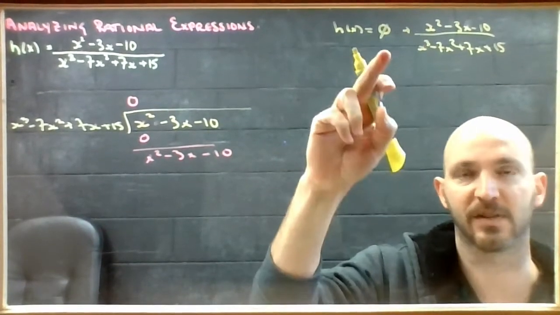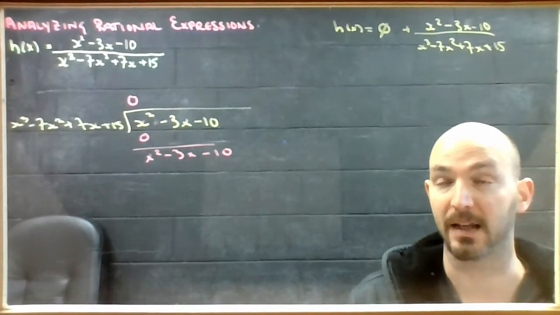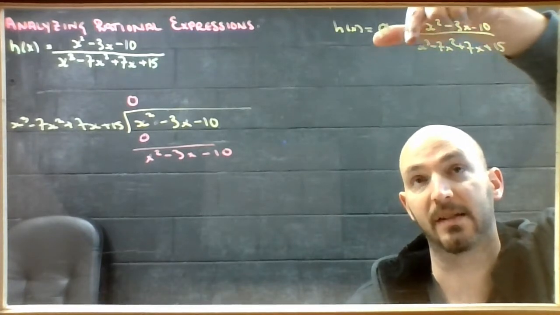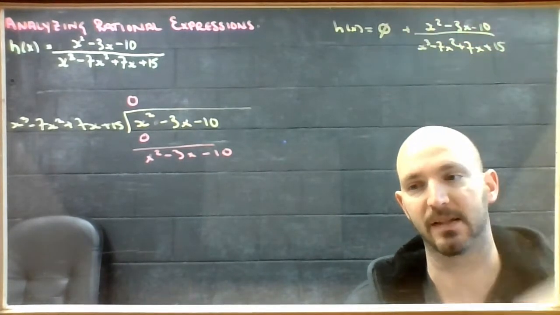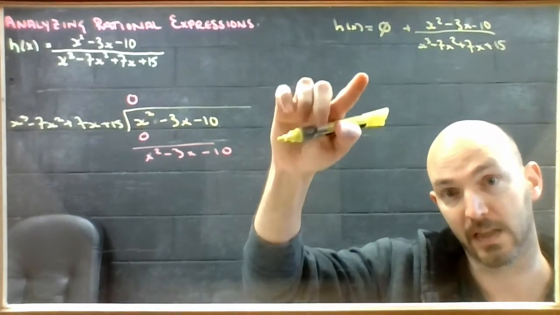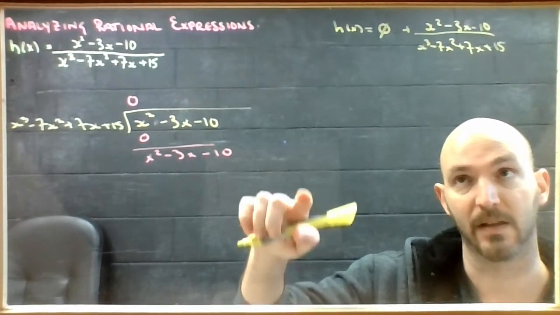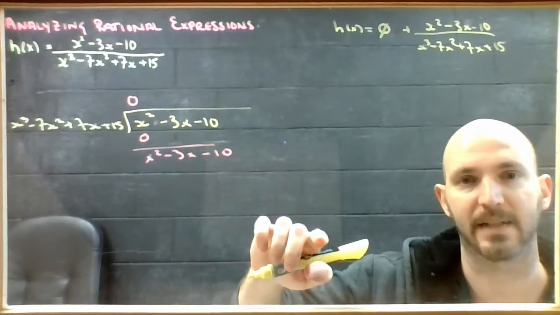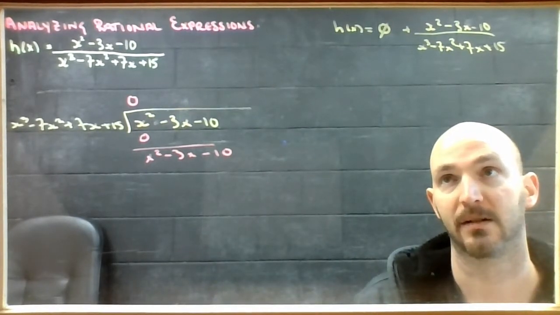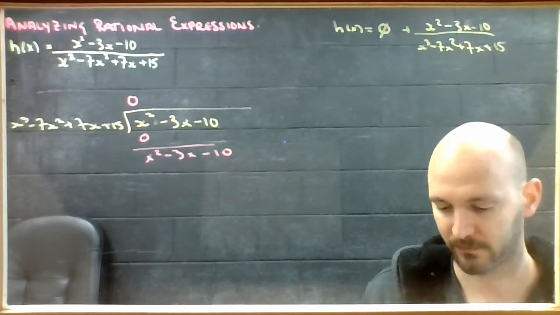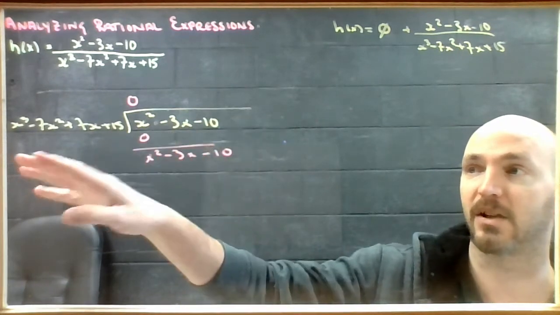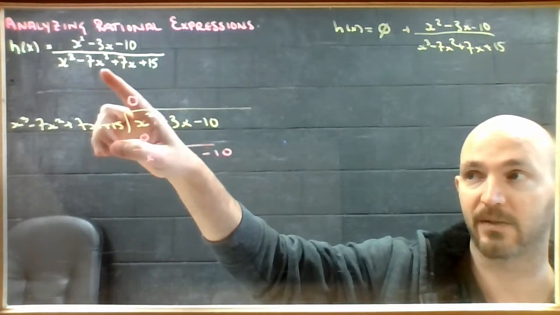Now, I know that's just 0 plus the whole function, but that's the interpretation of this, is that the end behavior of this, instead of taking off like a line or taking off as a flat value like the last one did, this one has to settle right back down onto the x-axis. That's interesting.